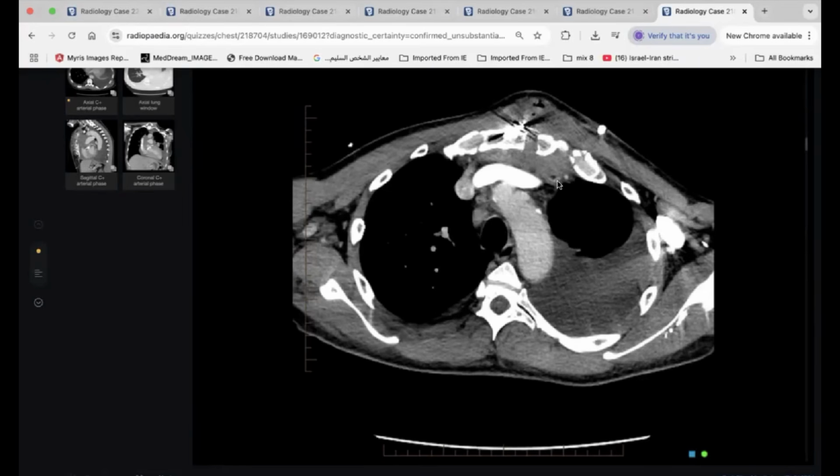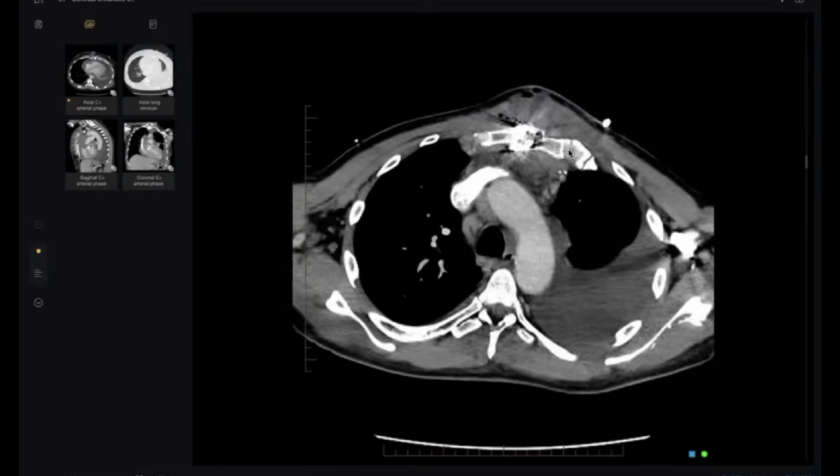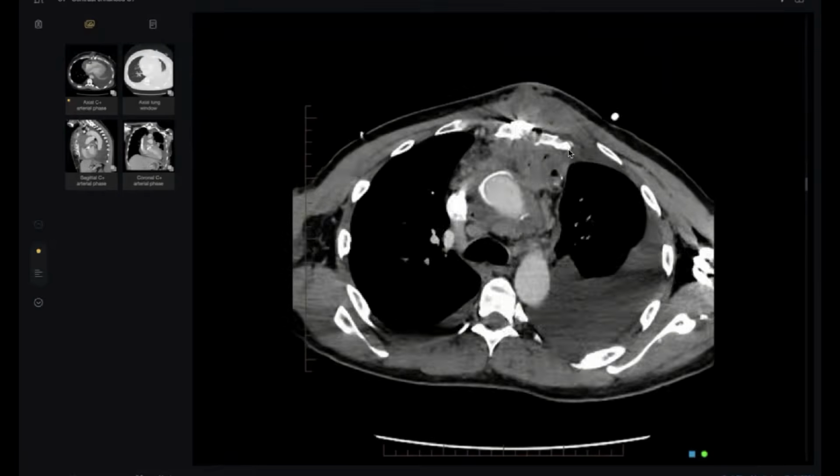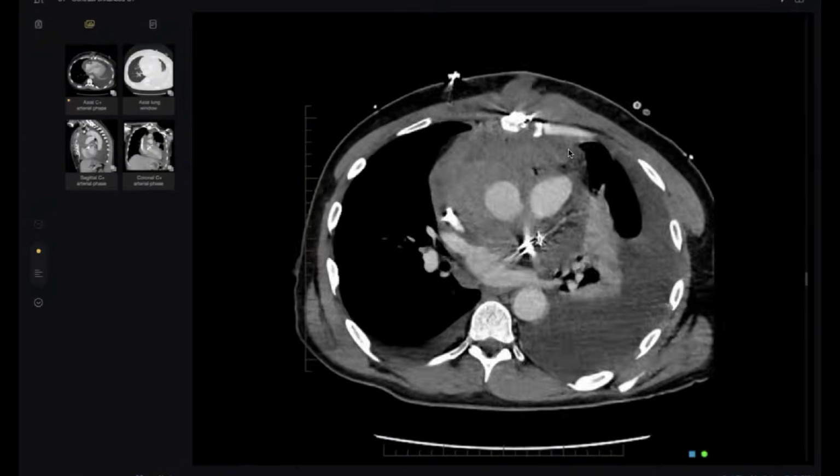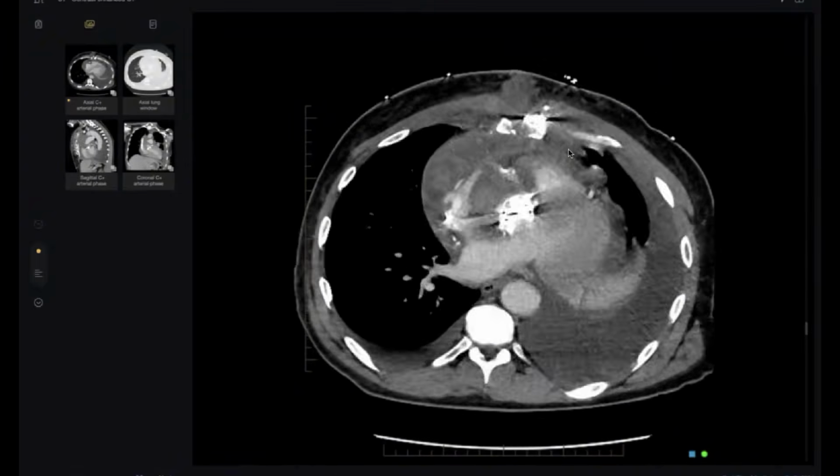Aorta. Again, please. I would like to scroll to check if there is any aneurysm or any involvement of the aorta. Okay. Or any lymph nodes. I do not see any lymph nodes. I do not see any aneurysmal dilatation.